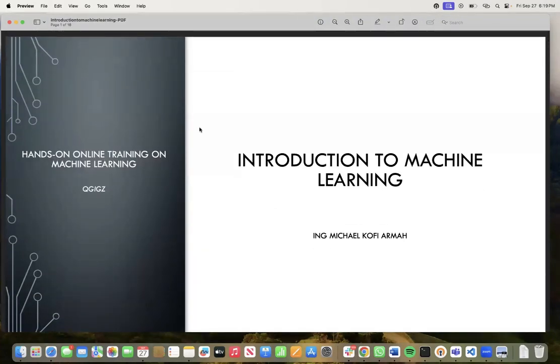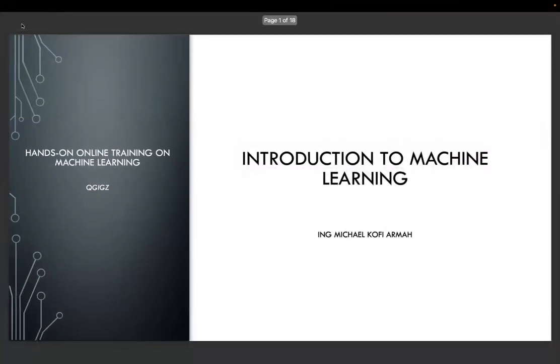So yesterday we did have a look at the overview of machine learning and the nitty-gritty, the components of it, the different types of models that make up a machine learning model. You get different paradigms that we can look at when we want to develop a machine learning model.